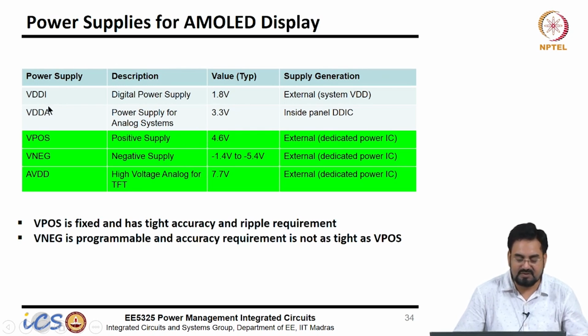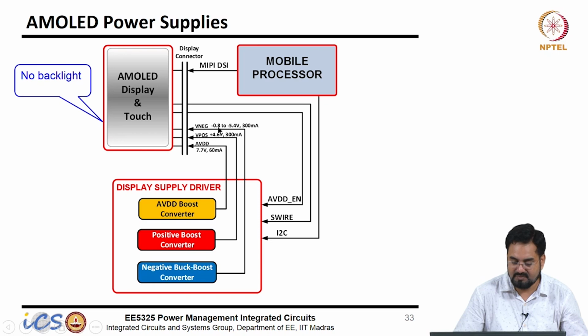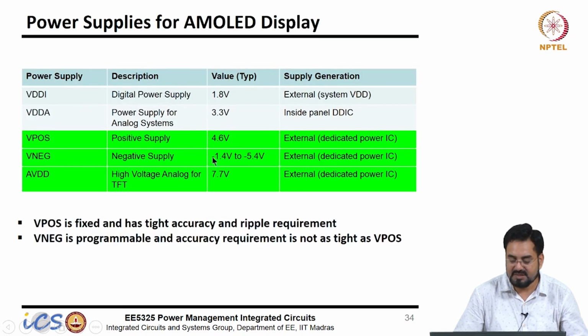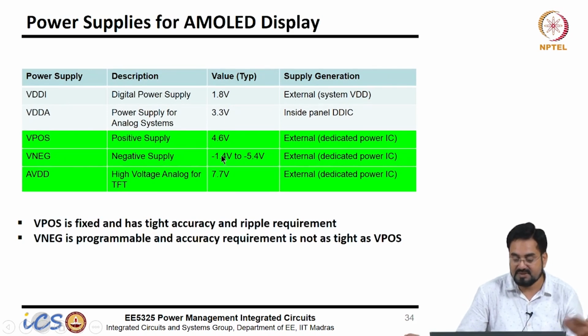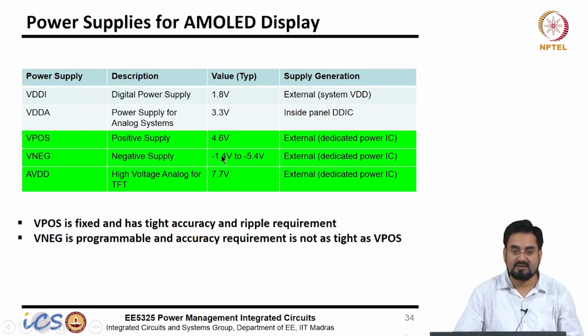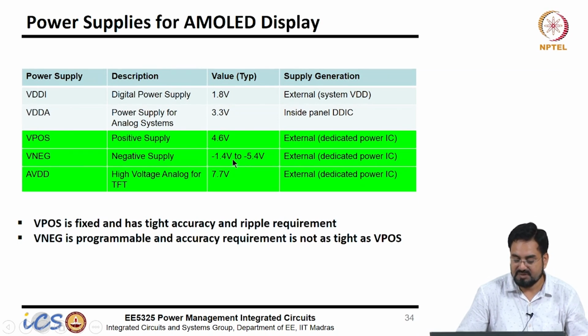So 1.8 volt for your digital and analog 3.3 volt, then 4.6 positive and the negative. I am mentioning here minus 1.4 and here minus 0.8, because older displays required only minus 1.4 at the lower end, but now our newer displays are requiring minus 0.8 volt as the minimum voltage.